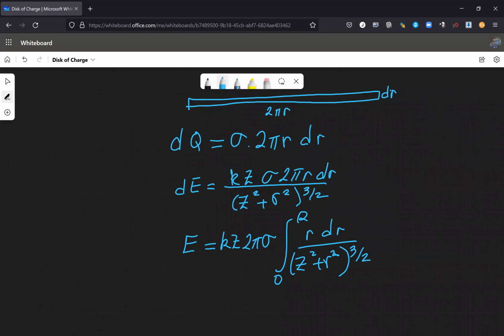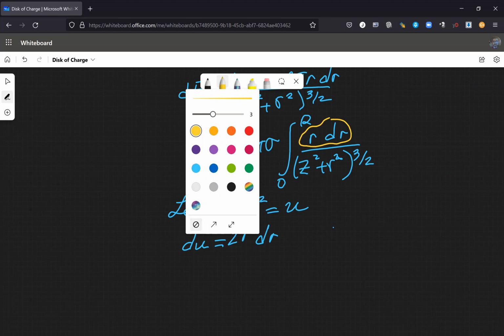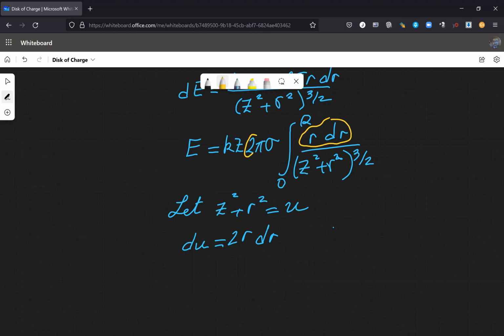So du is 2r dr. Well, if you look carefully, I have the r dr over here, and I also have the 2 over here. So I can combine 2r dr as du. So now the integral will change.